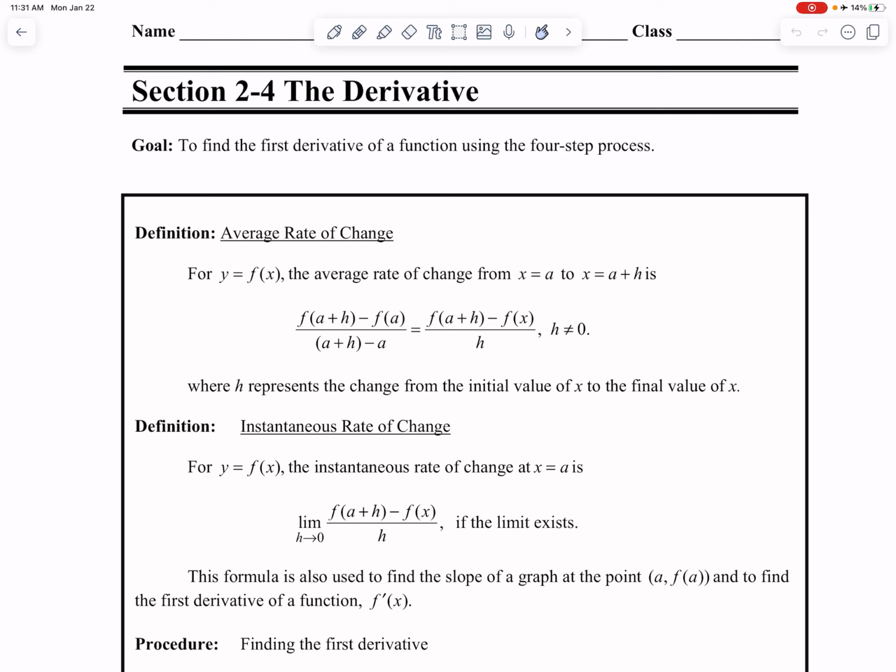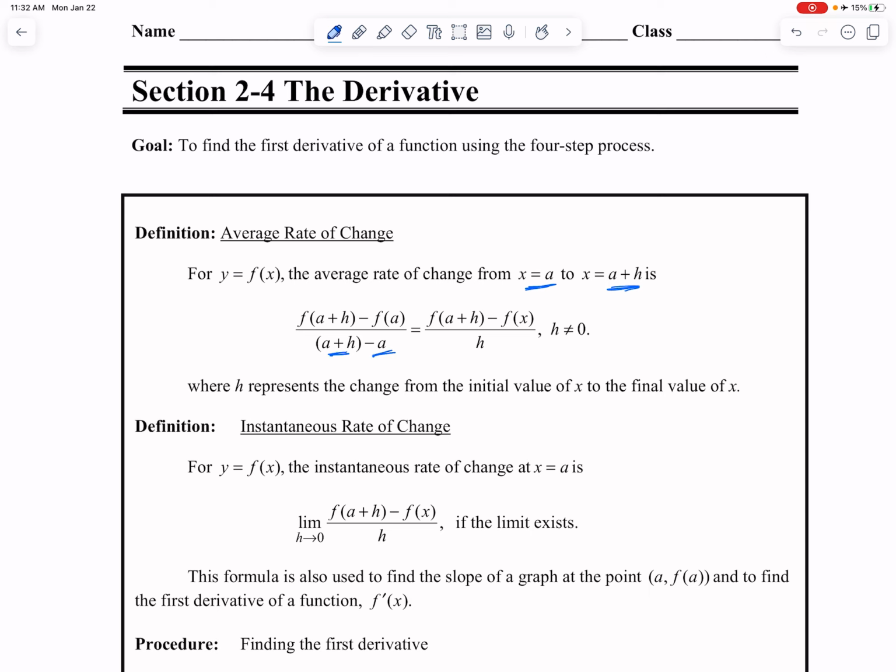So we have a for one value of x, and then we'll do a plus h for our second value of x, which just means we started at one x and we moved a difference of h. And these are our two x values, which means here's our x's and we take the difference of them, right?